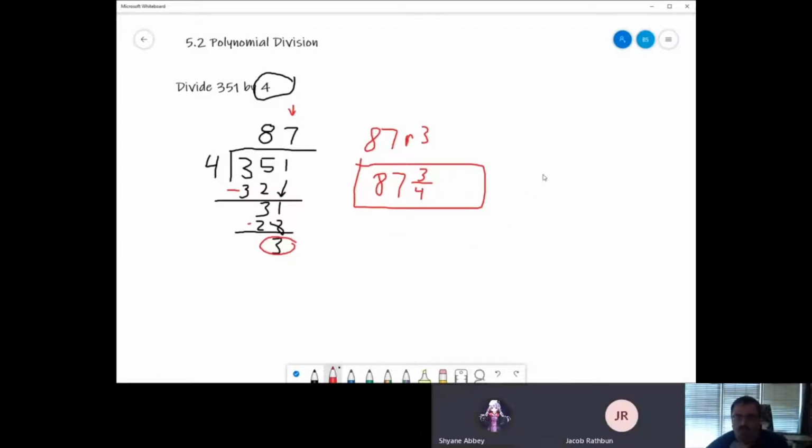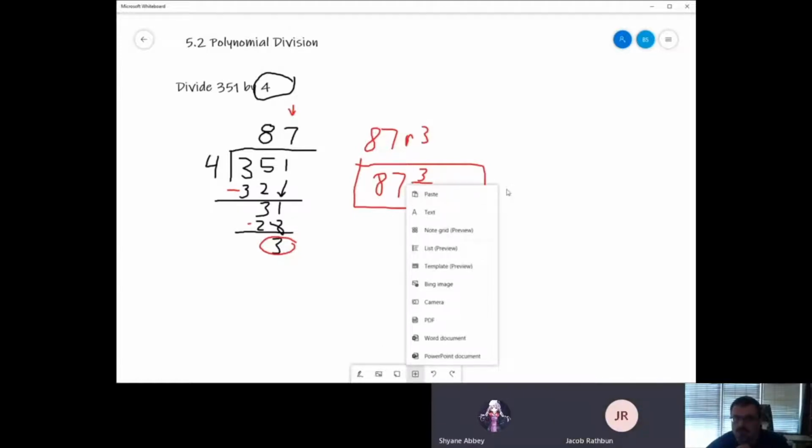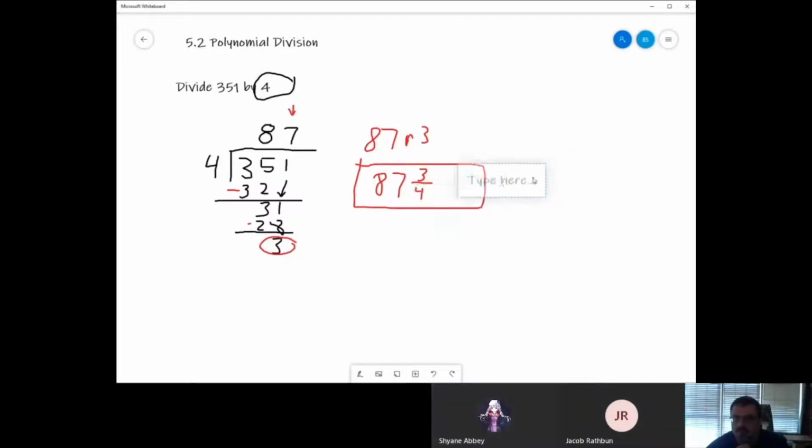So division kind of works like this. Here's division.